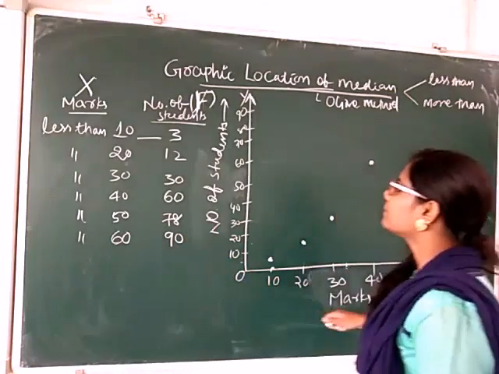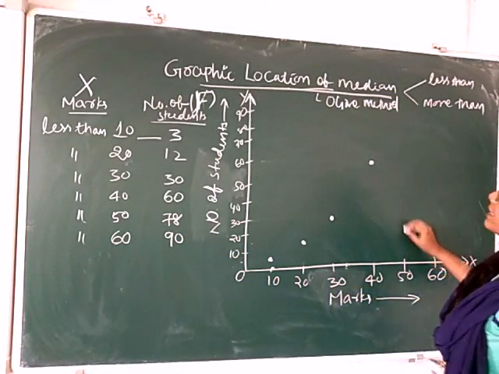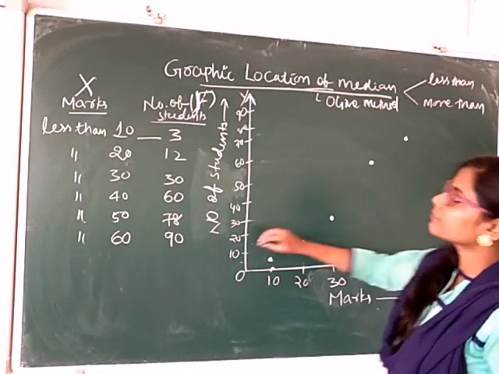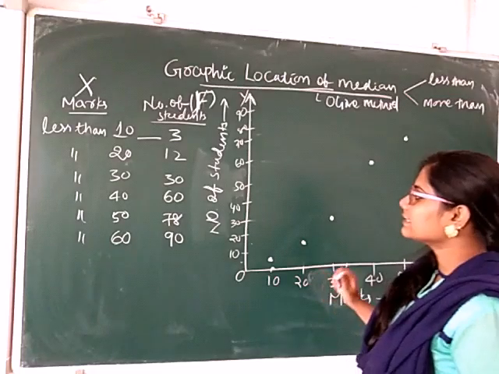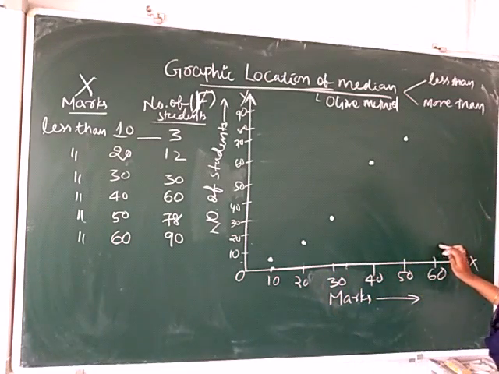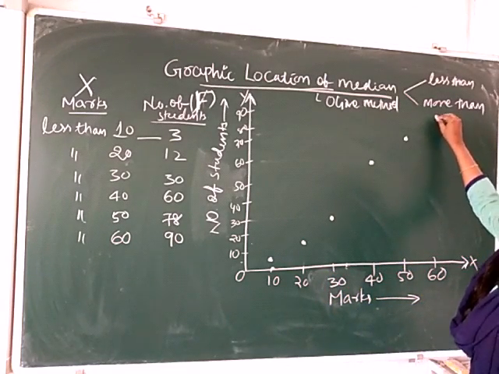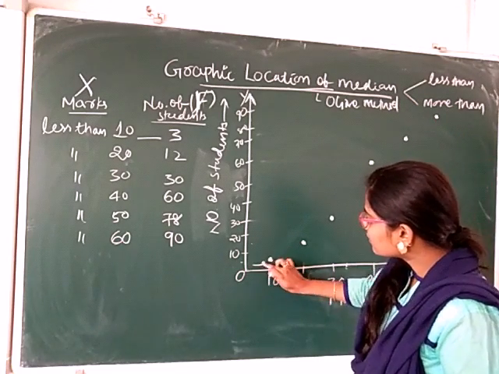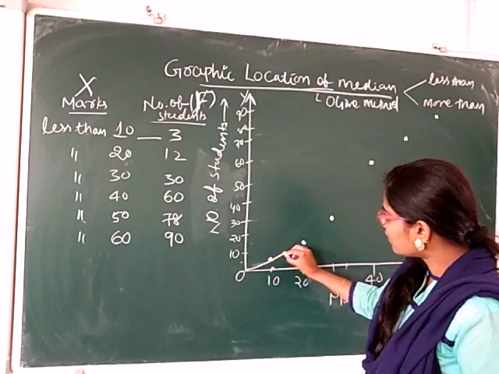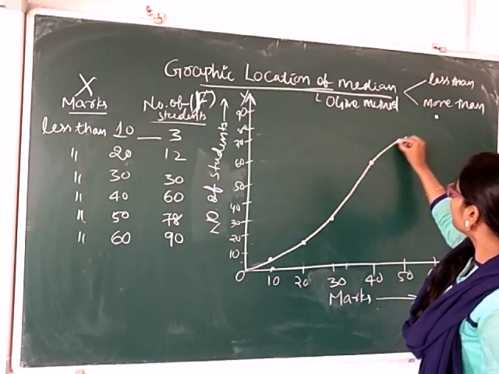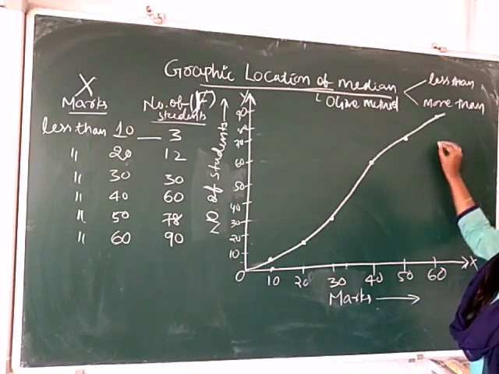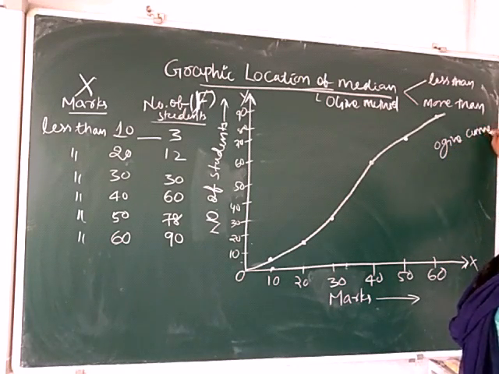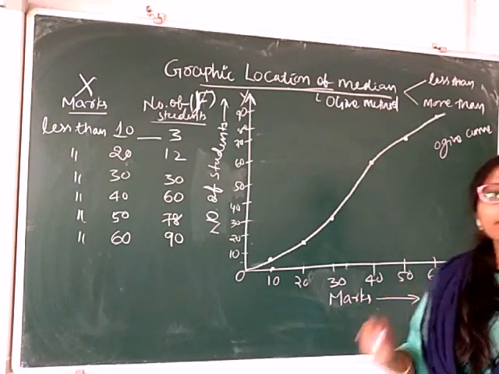Less than 50, the number of students is 78, so 78 will be here. And less than 60, the number of students is 90. Now we just join these. This is the OGIVE curve. And now we calculate the median.